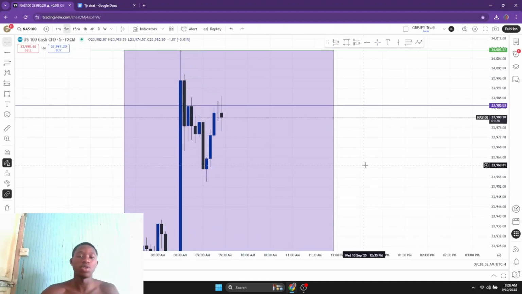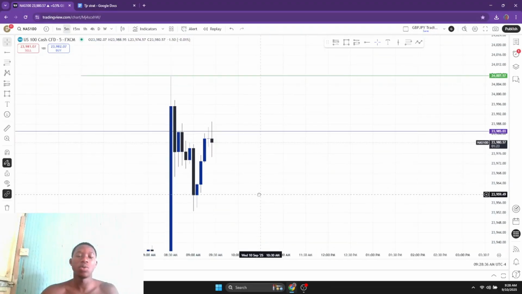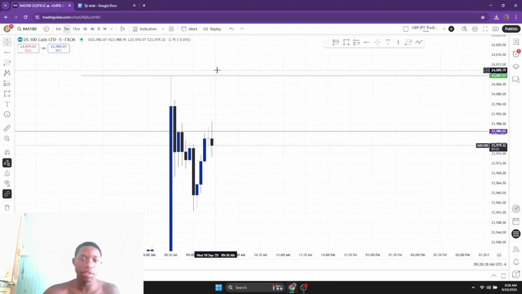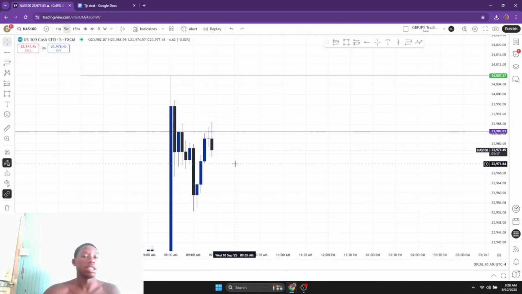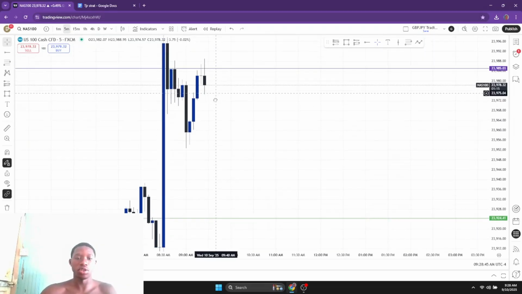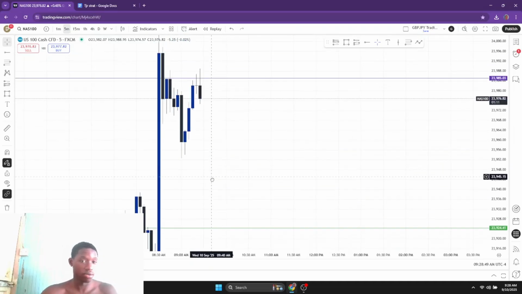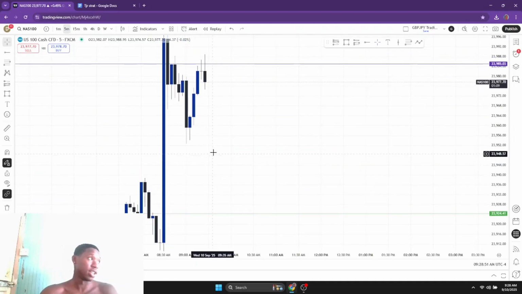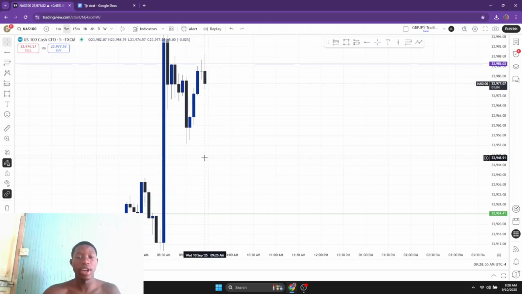That was during the news, so it's basically unreasonable to take a trade right there. We're just going to wait for price to sweep that 15 minute high and show signs of coming down. And we're going to possibly take a trade, or we're just going to watch it go down. That's basically it. We're just waiting right now.